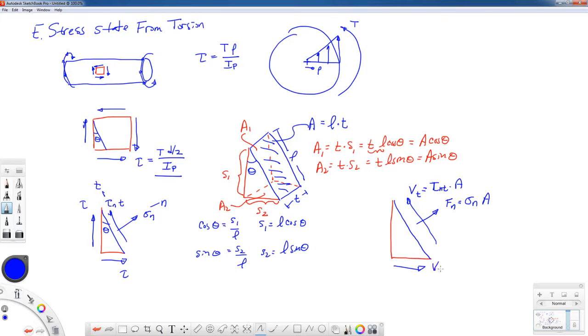I'll call it Vx. And that's going to be equal to the shearing stress on the bottom, tau, times the area on which it is acting, and in this case, that's area 2. That's A sine theta. And then a force in the vertical direction, I'll call Vy. It's going to be the shearing stress over here times the area of the inclined plane times the cosine of theta. Okay, so we have all those different forces acting on the block.